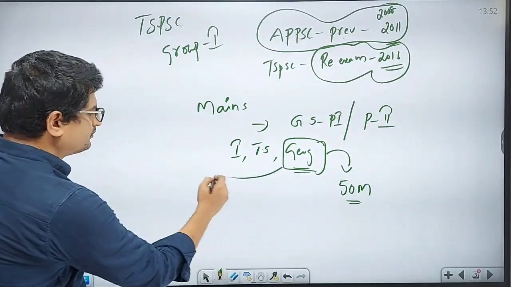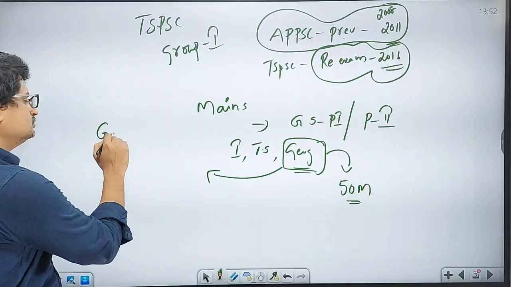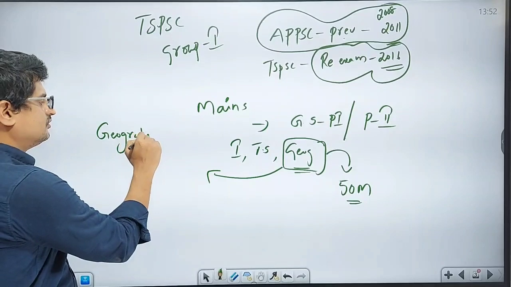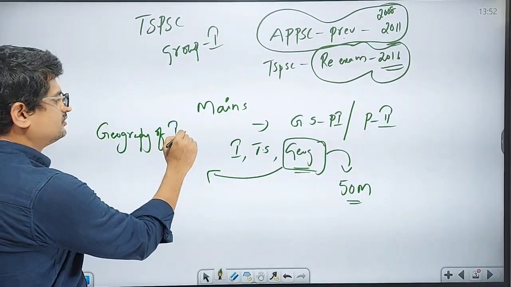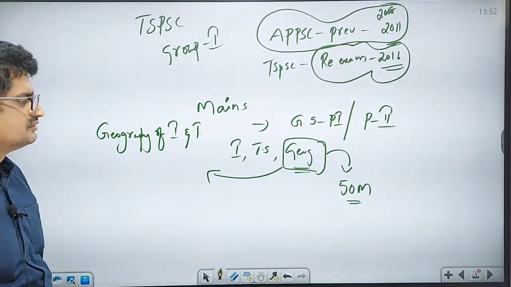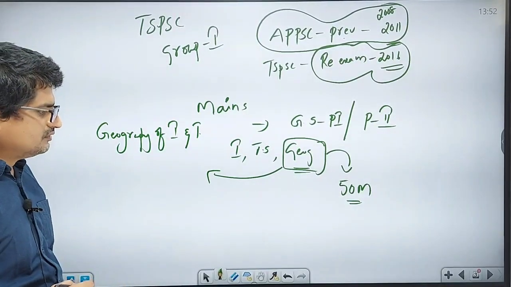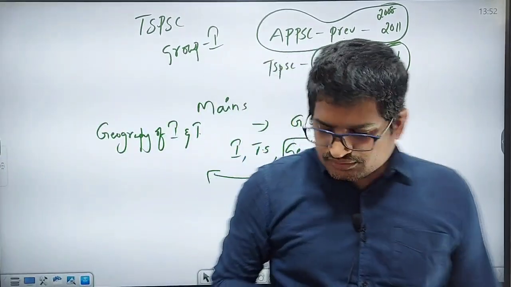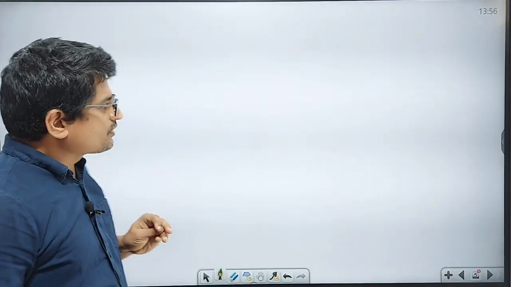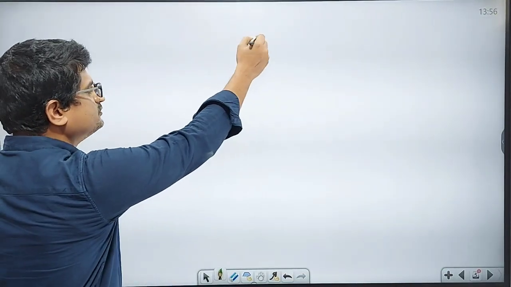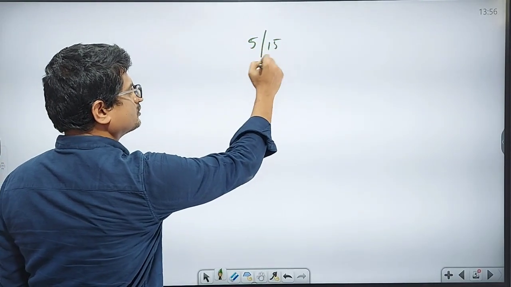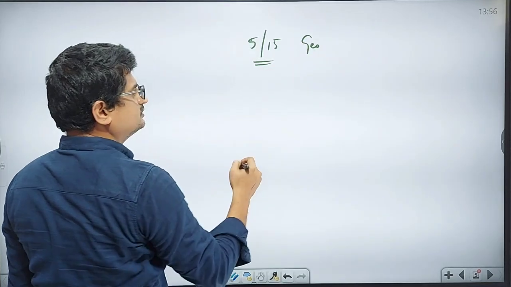The syllabus is the geography of India and Telangana. Coming to the pattern of questions, it is part of General Studies Paper 2, only 5 questions out of 15 questions from geography, right?